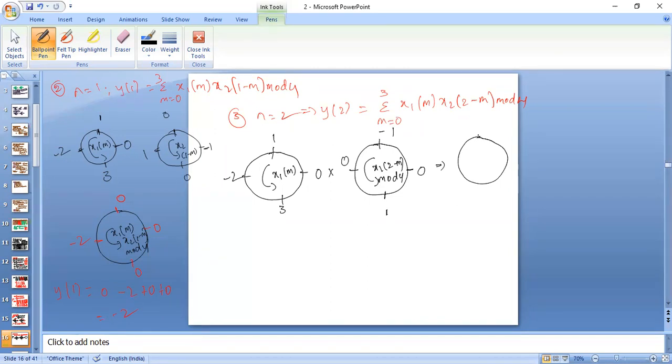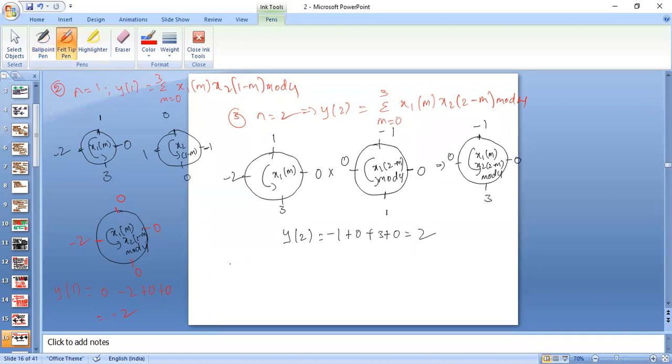So 1 into minus 1, this is x1 of m into x2 of 2 minus m mod 4: minus 1, 0, 3, 0. So y of 2 is equal to minus 1 plus 0 plus 3 plus 0, which is 2, right?